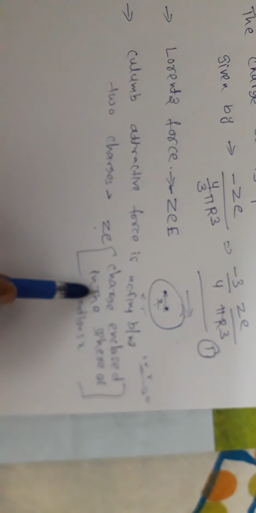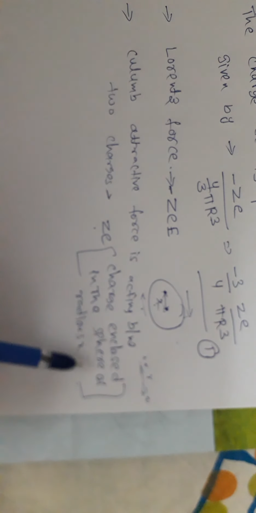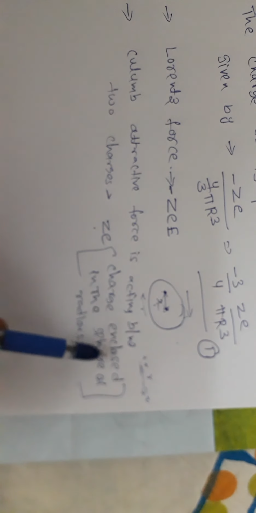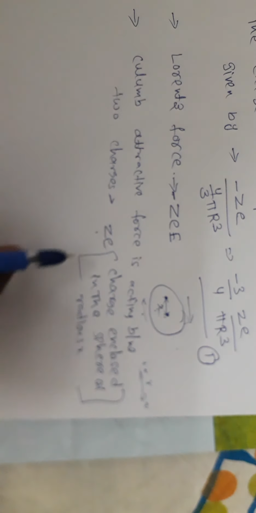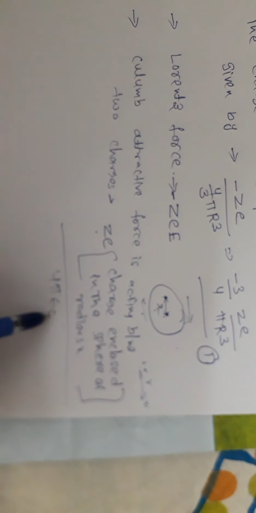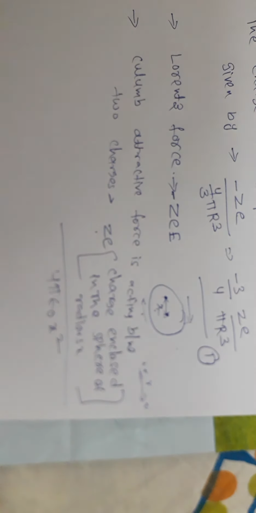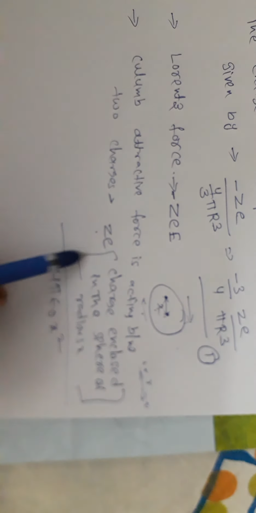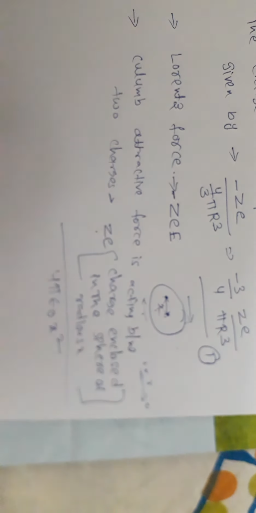The negative charge is displaced, so in the new sphere of radius x, the charge enclosed is Q1 Q2 by 4 pi epsilon naught x square. Now this is the Coulomb force. So first we are going to calculate the charge enclosed in the sphere of radius x.